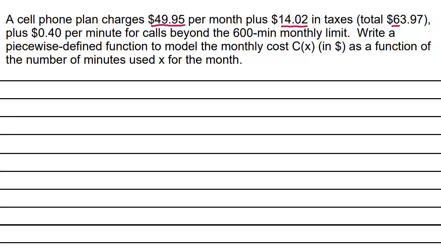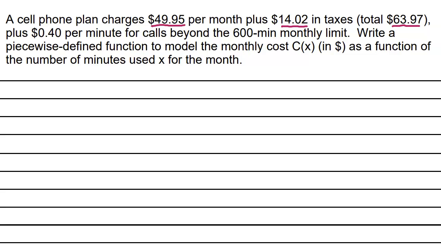So they charge a total of $63.97 per month, whether you use the cell phone or not. So basically, just to have it in your hand, you're going to be charged $63.97 every month.